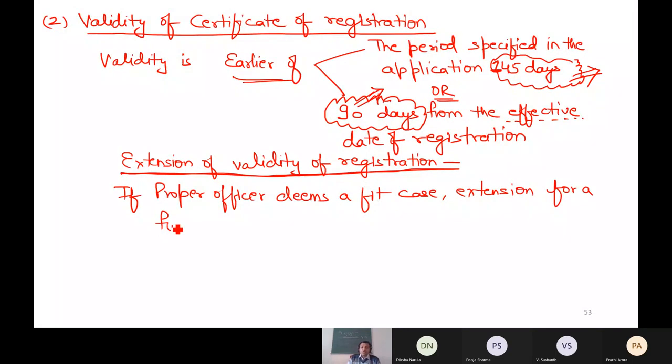Further, that means over and above 90 days, another 90 days.